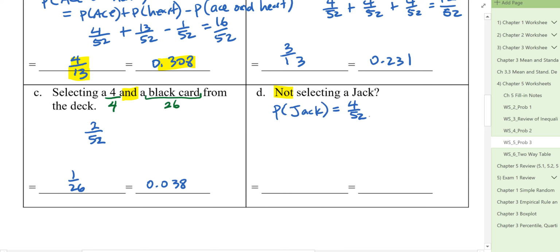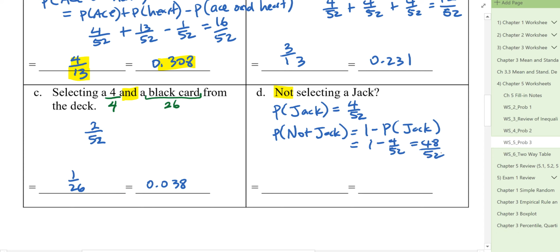So the probability of not a jack equals 1 minus the probability of a jack, which is 1 minus 4 over 52. That's the same thing as 52 over 52 minus 4 over 52, which is 48 over 52. The reduced fraction gives me 12 over 13, and in decimal form is 0.9231.